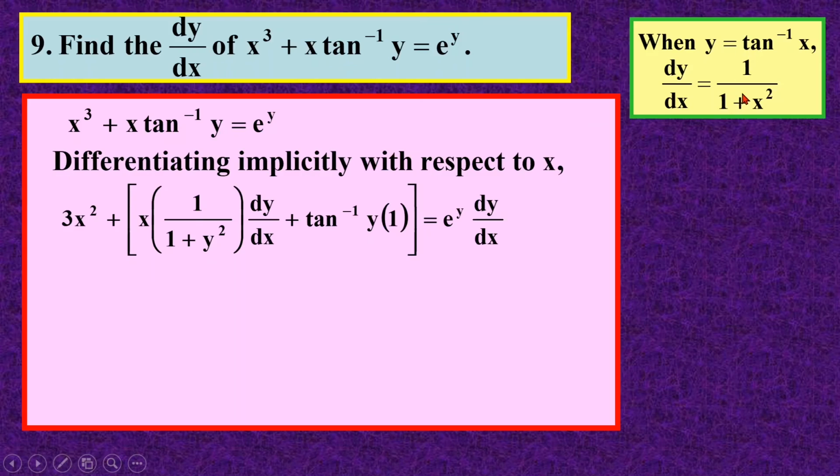I will use the formula. So I will write 1 over 1 plus y squared. But because I'm differentiating a y, then I have to write dy dx beside it. Followed by copy the v, which is tangent inverse y. Differentiating the x, I will get 1.